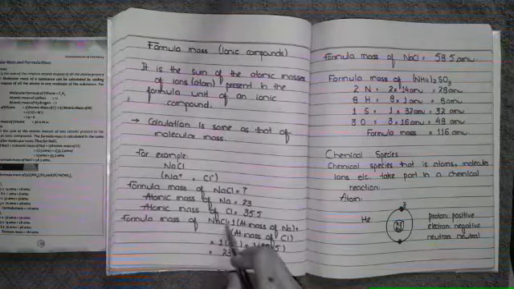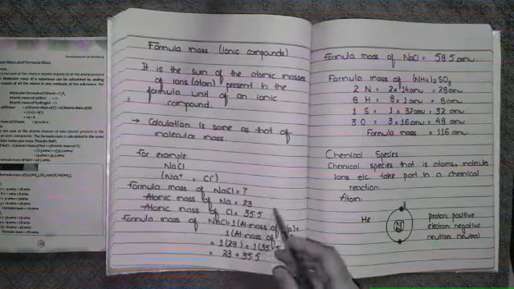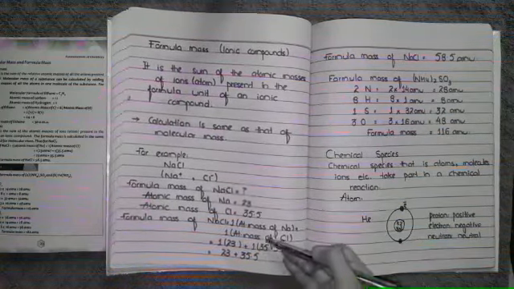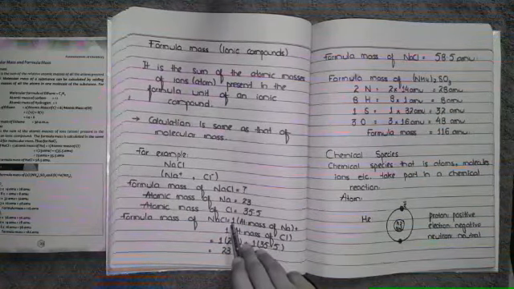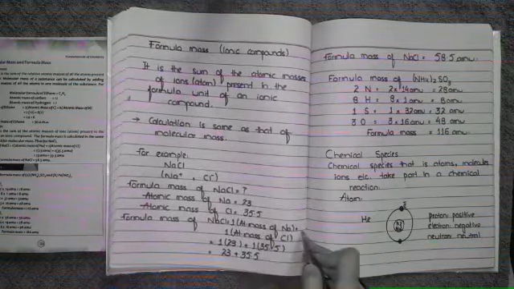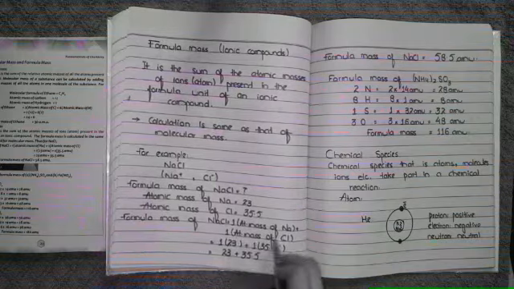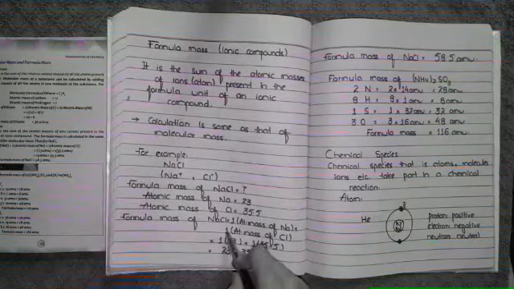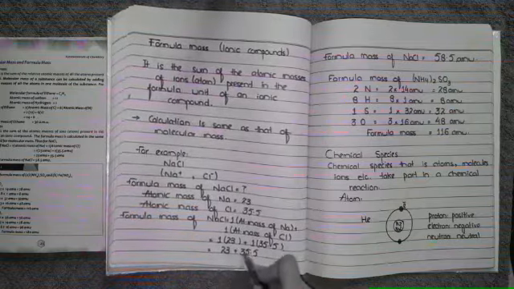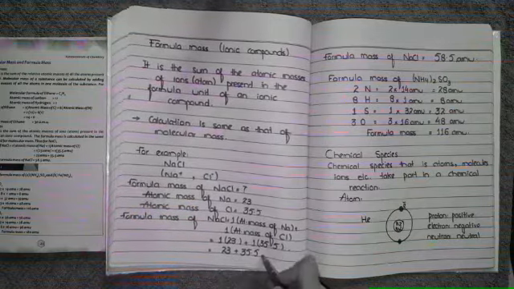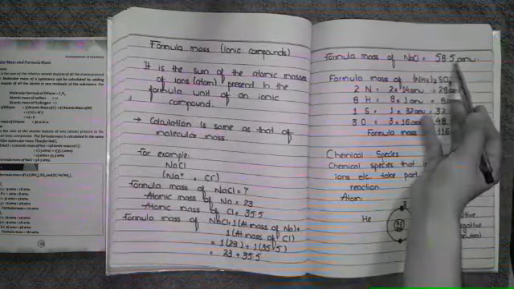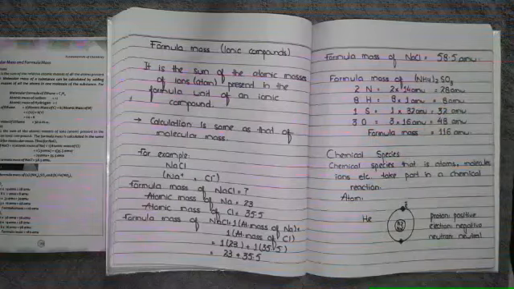The calculation is the same as we did for molecular mass: we multiply the number of times that atom is present with its atomic mass and then add it with the next one, the atomic mass of chlorine. Chlorine is also present one time, one atom of chlorine. We will get 23 plus 35.5. So the formula mass of sodium chloride is 58.5 AMU.